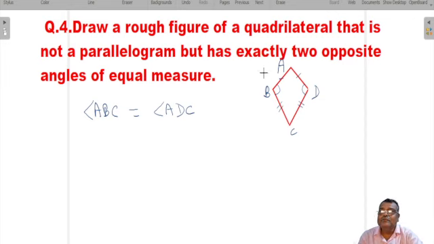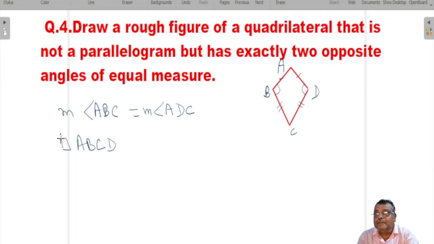Exactly two opposite angles of equal measure. Measure of angle ABC is equal to measure of angle ADC. This is possible, and it is not a parallelogram because opposite sides are not equal.